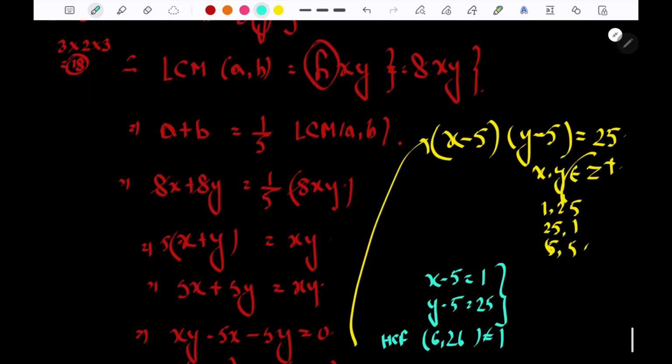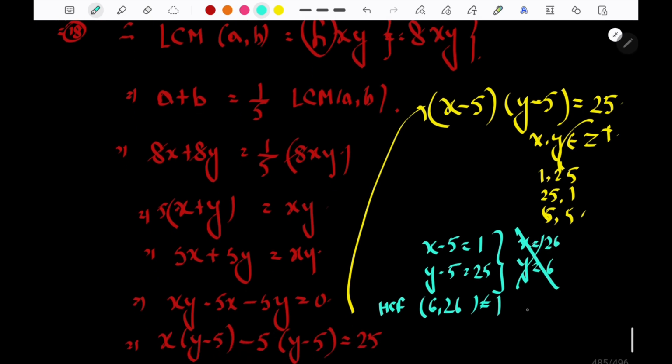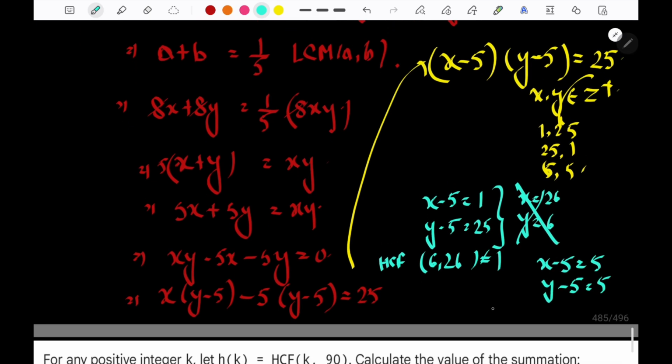No. Again with the similar case, x can be 26, y can be 6, but again not a possible case. Last case will be x minus 5 is equal to 5, y minus 5 is equal to 5. So basically x comma y will be 10 comma 10. Again not possible, HCF will not be equal to 1. So these are the possible cases and hence no solution.